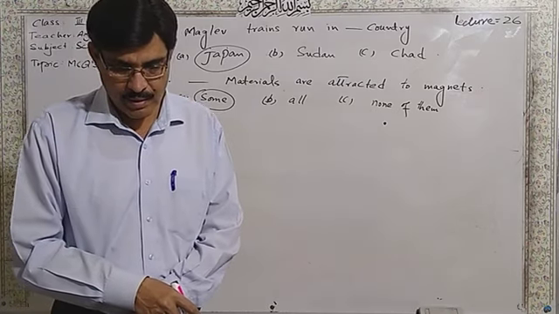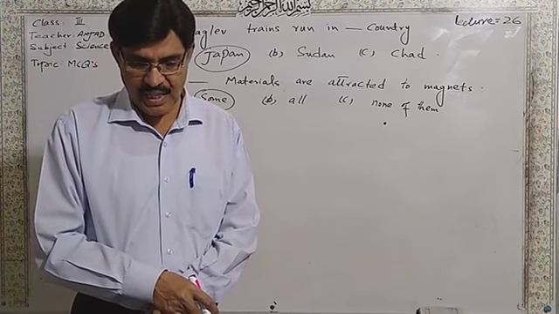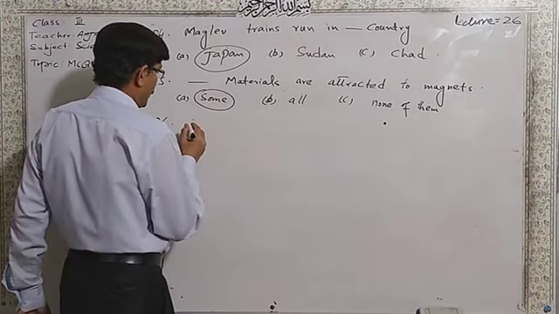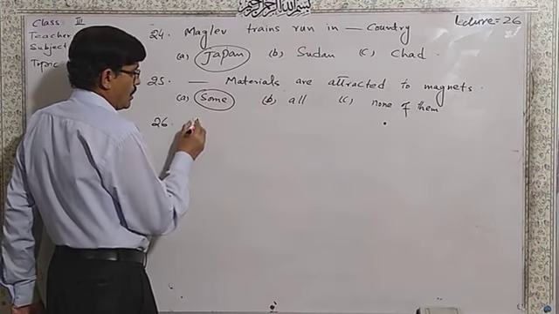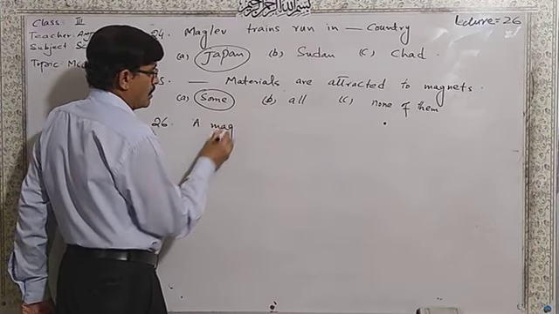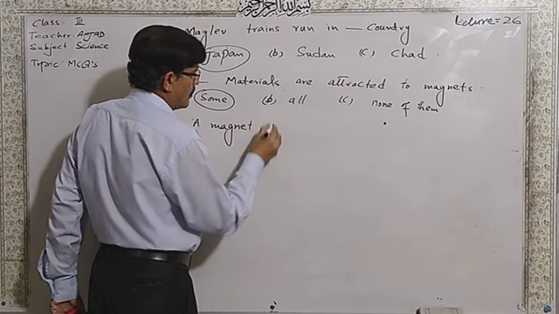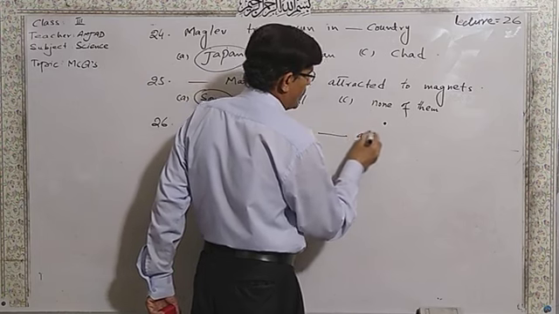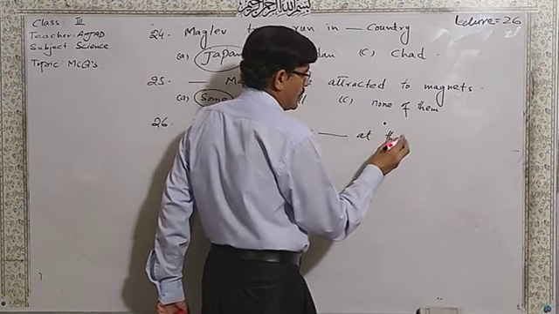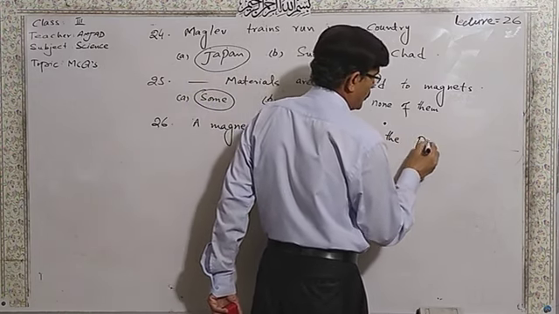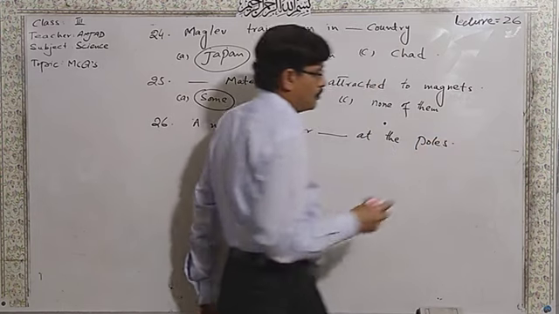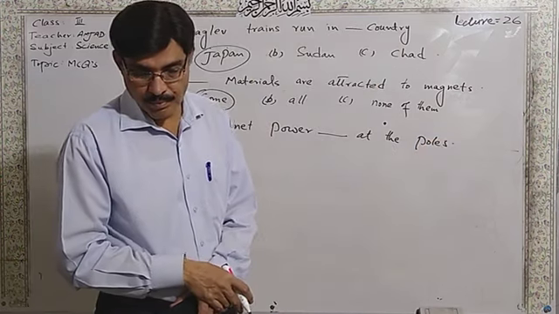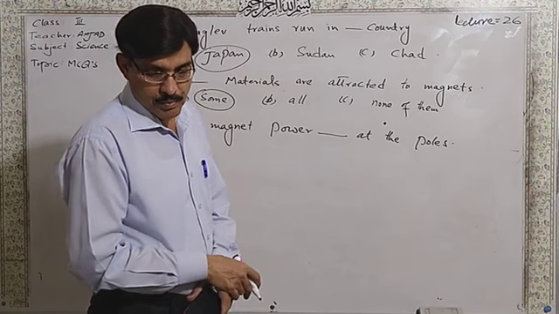A magnet's power is dash at the poles. What is this?